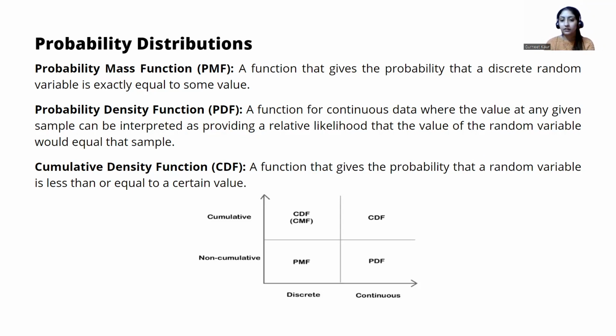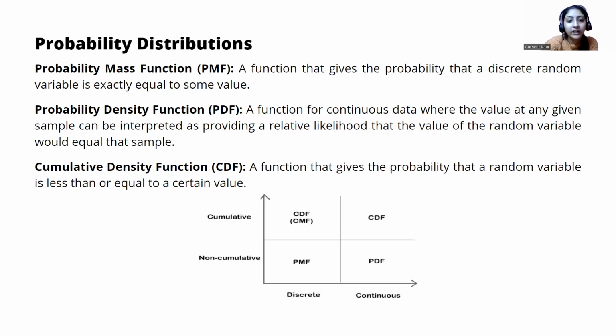Then we have the probability mass function. It is a statistical term which describes the probability distribution of a discrete random variable, right? So this is the difference between PDF and PMF.